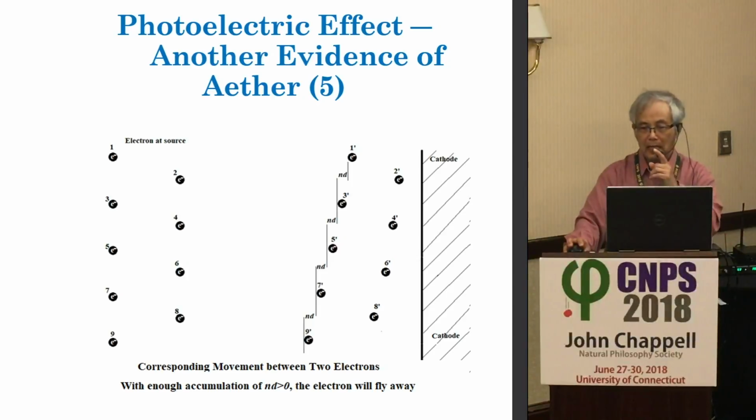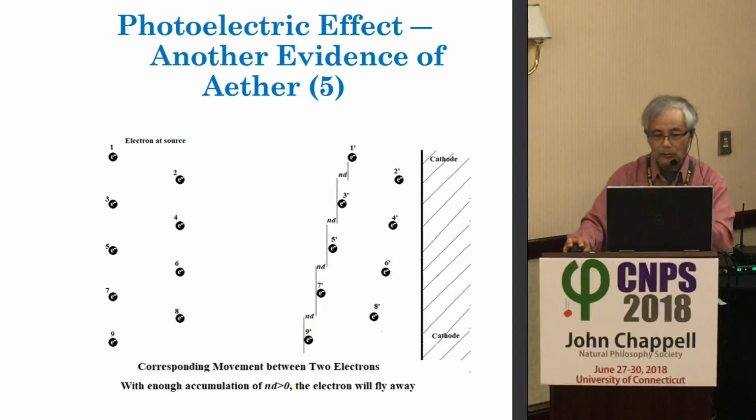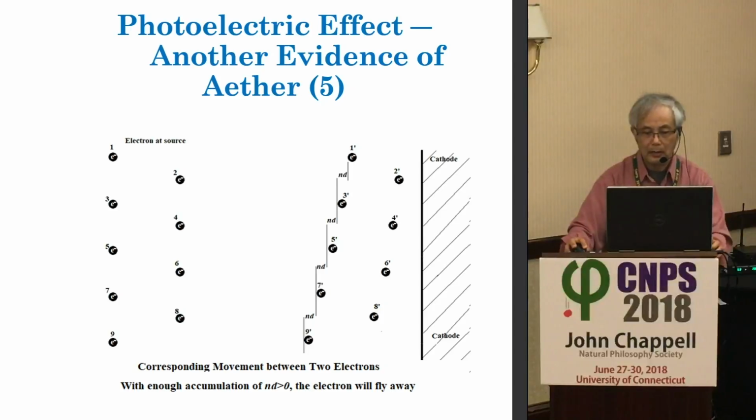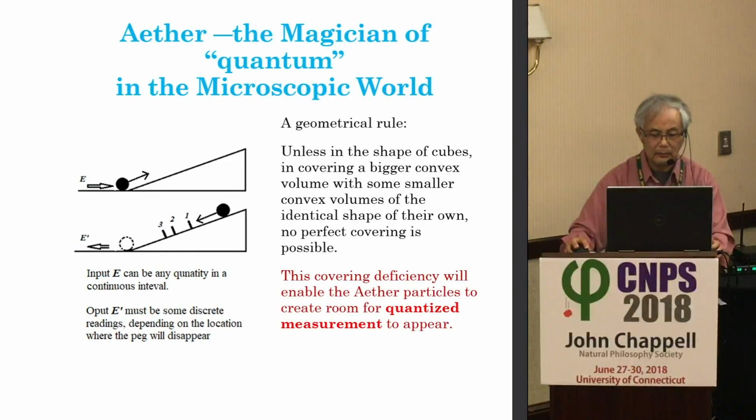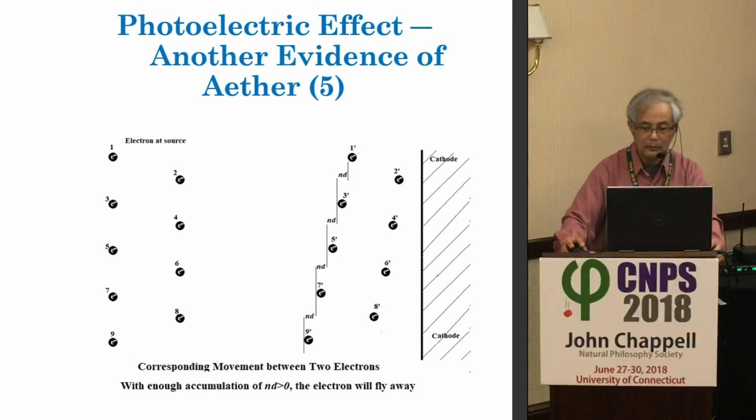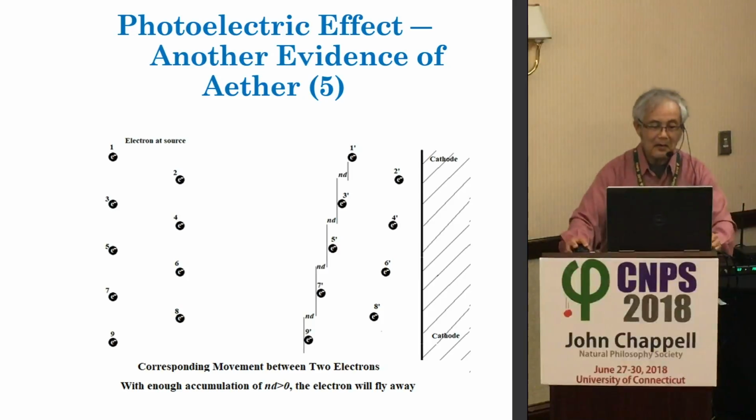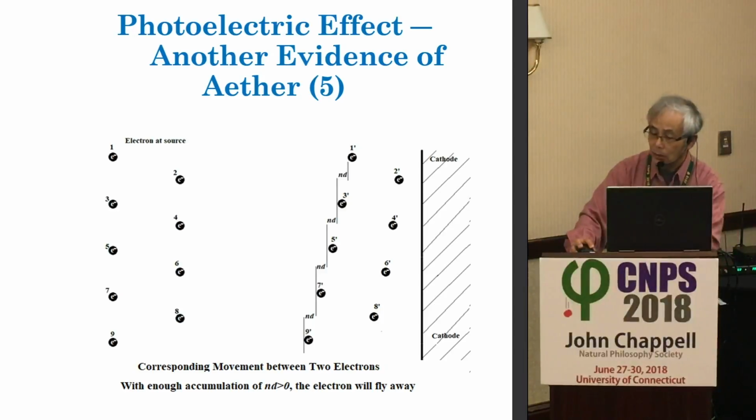But if after each cycle movement the electron moves, for example, to the... If the electron at the source moves from position 1 to position 2, the electron at the cathode moves accordingly from 1' to 2'.